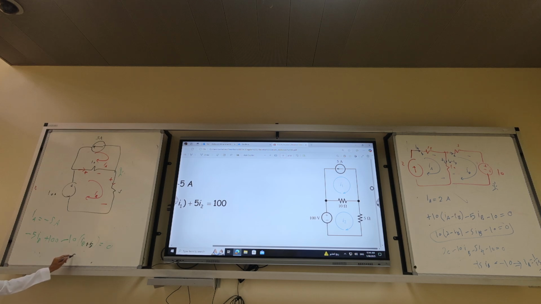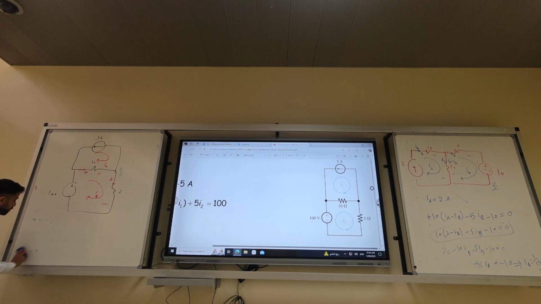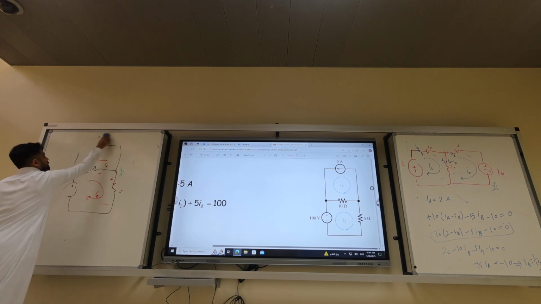To the right is minus 50. Minus 10 minus 5 is minus 15 IB. So IB is what? 50 over 15. Get it? Checkpoint. And we are done with the mesh.